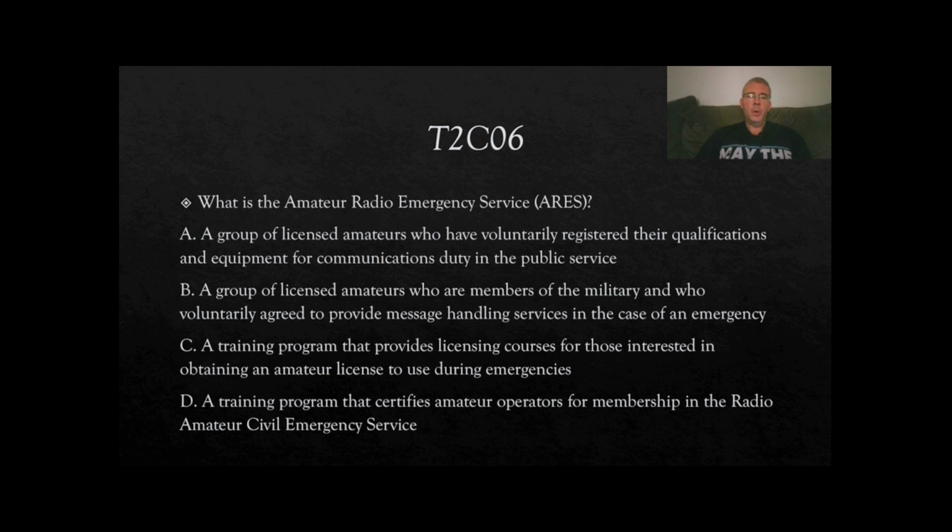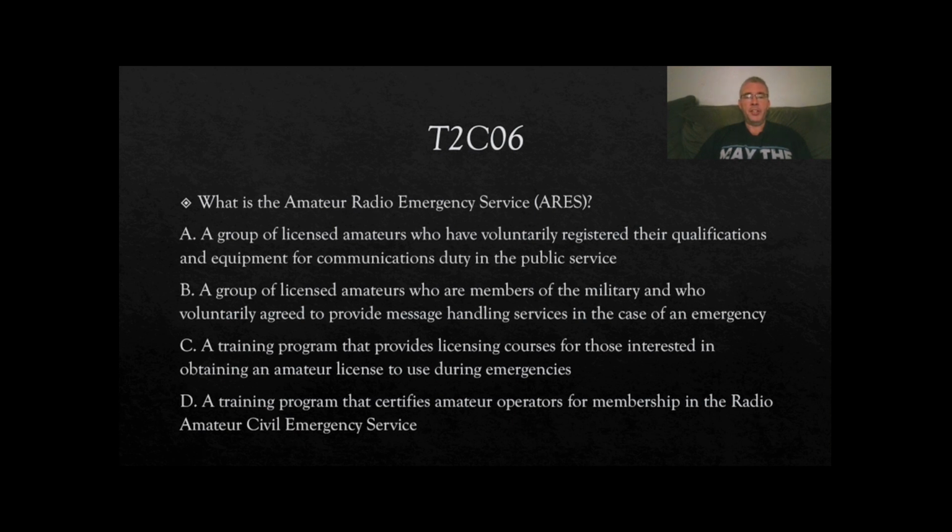6. What is the Amateur Radio Emergency Services, ARES? A. A group of licensed amateurs who have voluntarily registered their qualifications and equipment for communications duty in the public service.